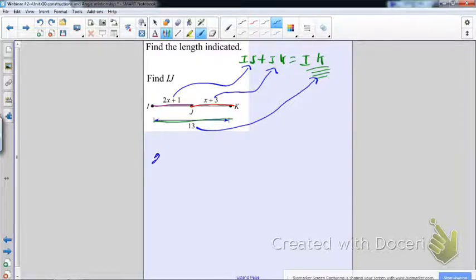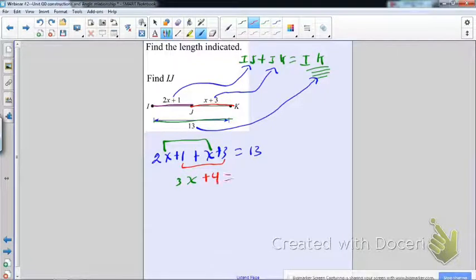So we have 2x plus 1 plus x plus 3 is equal to 13. Then I combine things that are alike. 2x and x give me 3x, and 3 plus 1 gives me plus 4, which is equal to 13.